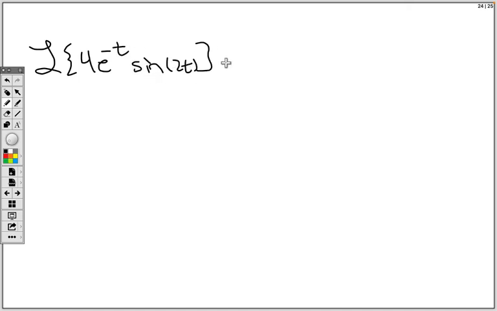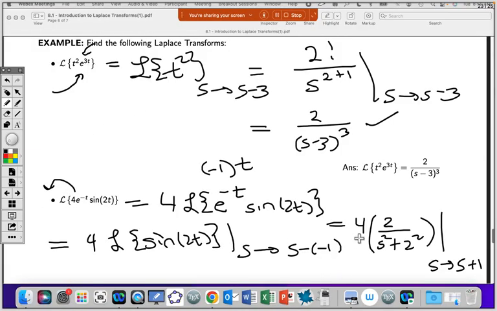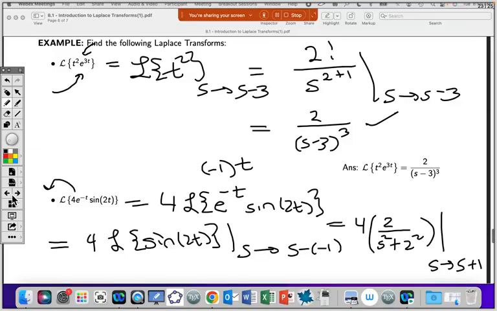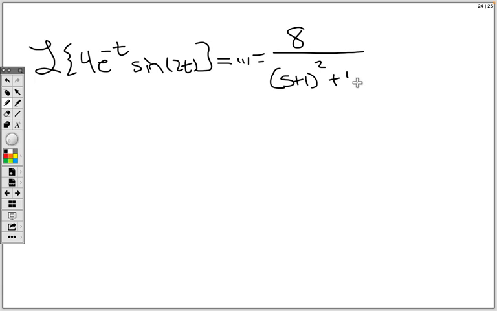So my final answer here, the Laplace transform of 4 e to the minus t sine of 2t is 4 times 2 is 8 over s plus 1 quantity squared plus 4, which would be 8 over s squared plus 2s plus 5. Okay. So that's your forward shift property.